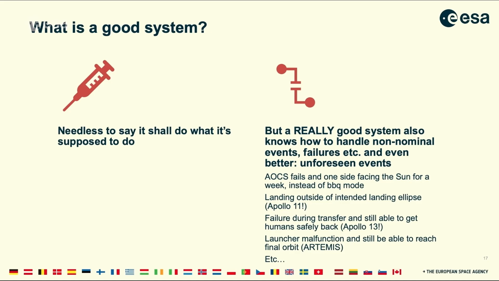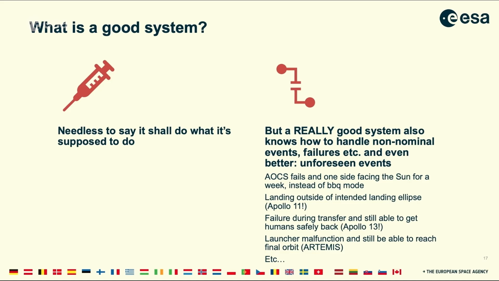Another message that I would like to give is, it's easy to design a good system. You just have to design a system that shall do what it's supposed to do. But what I would really like is that you design a really good system, which should also do well when there are failures, and especially when we are in space doing experiments, there are bound to be failures.